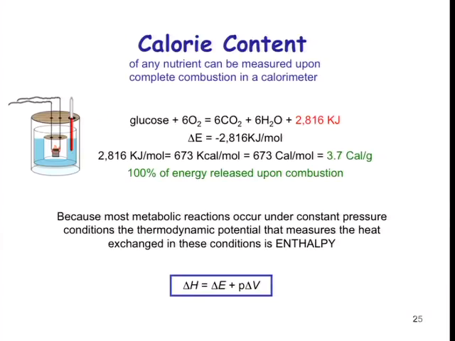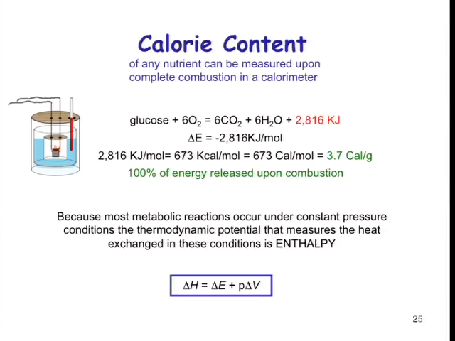When I say oxidation, we have to add oxygen, and the end product is CO2 and water. So you'll hear me say a lot, the complete oxidation of glucose to CO2 and water. When we get partially through this, we've got it to CO2, but we have to then get it to the water with the respiration. So the total energy released is minus 2,816 kilojoule per molecule in a calorimeter.